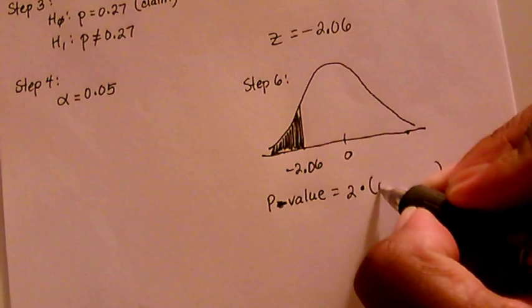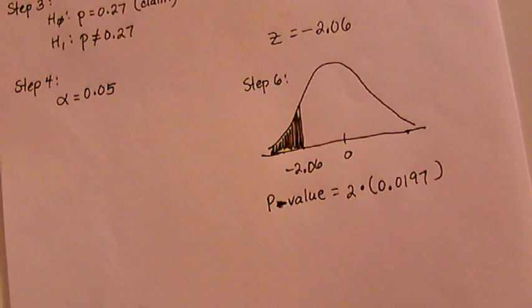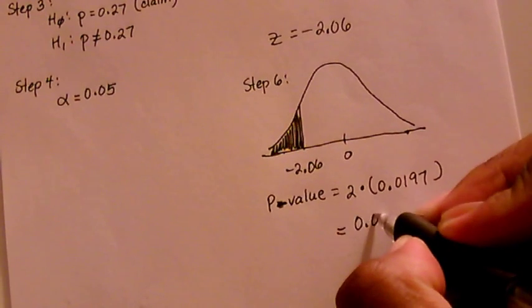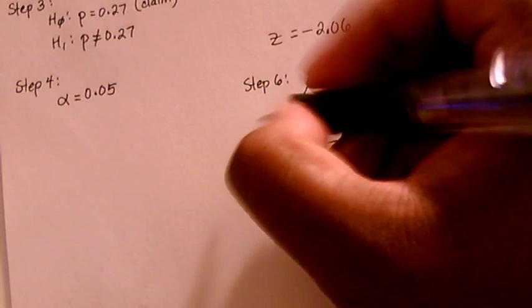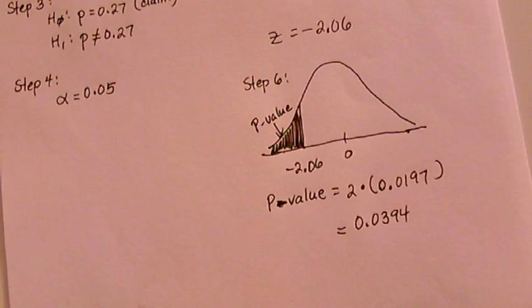So it's going to be 2 times 0.0197, which will give me 0.0394. So this p-value right here, actually it's half the p-value, but the whole p-value you have to multiply by 2 since it's a two-tailed test. It'll be 0.0394. Okay, so that's step number 6.